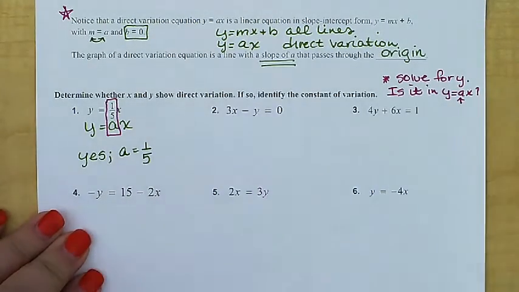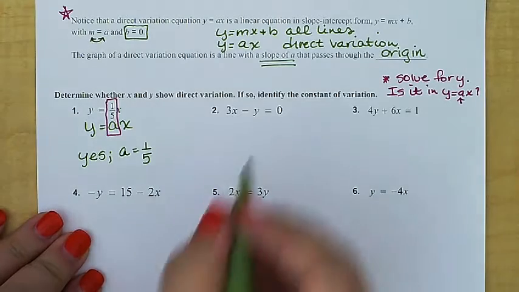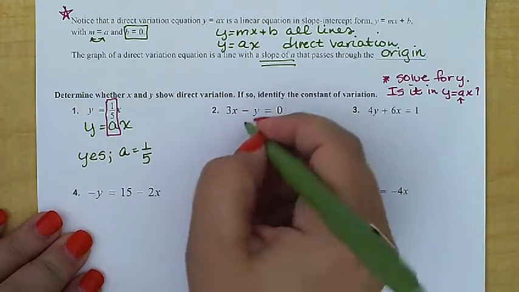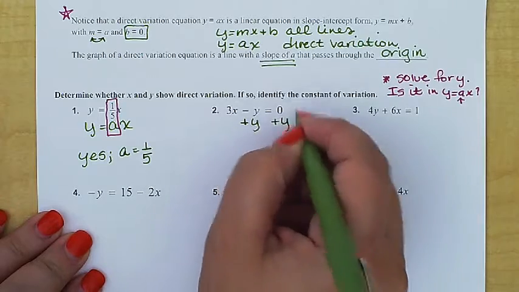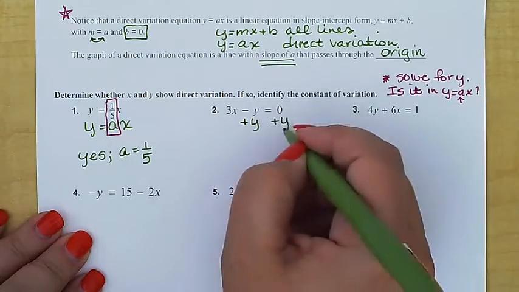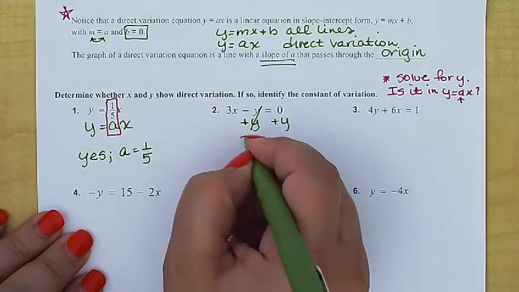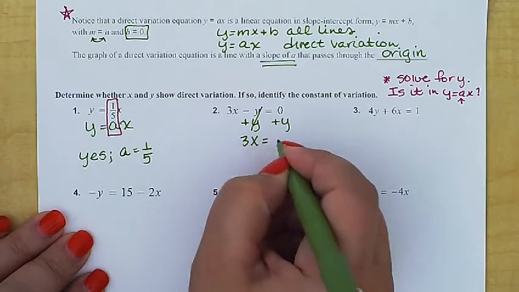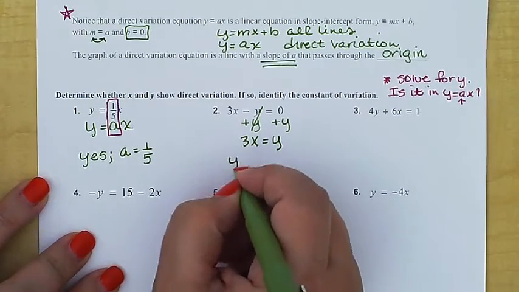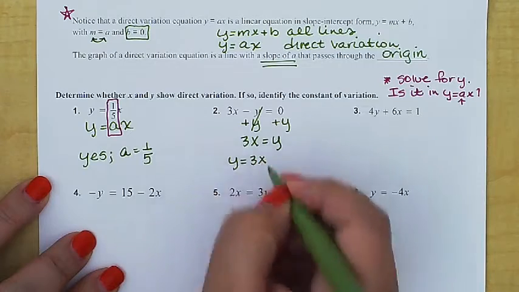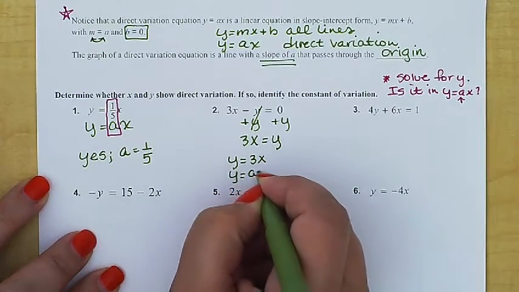Okay. Now number 2 is not solved for y, so that is what we want to do here. We want to get that y by itself. Now, since this is a 0, I actually can do that pretty nicely by moving the y instead. And that way, since there's nothing here but a 0 when I move it, it's actually going to be by itself. So I'm going to end up with 3x is equal to, and over here it's just going to be a y. And maybe I'll rotate that so it's a little bit easier to compare to the y equals ax.